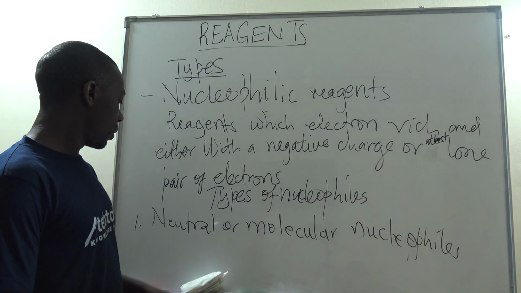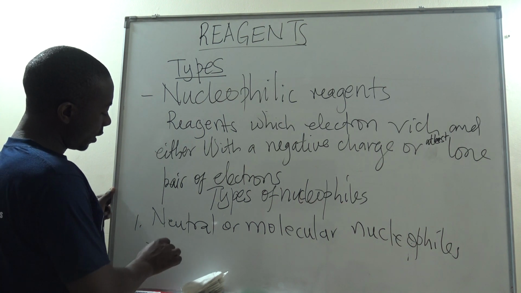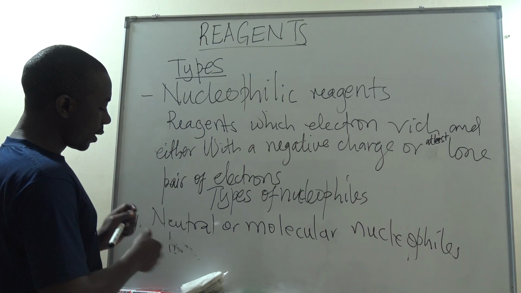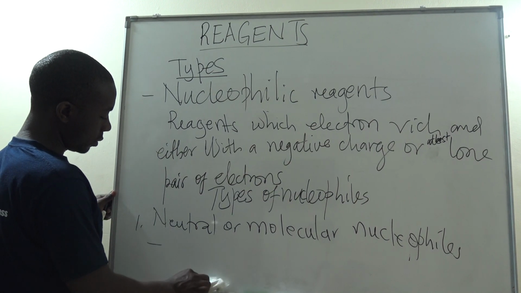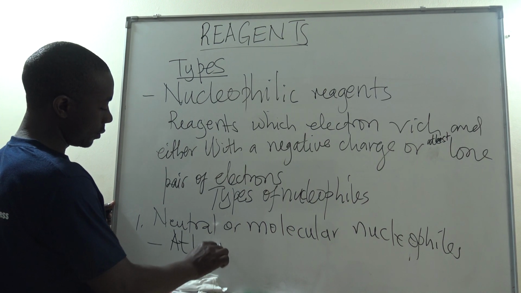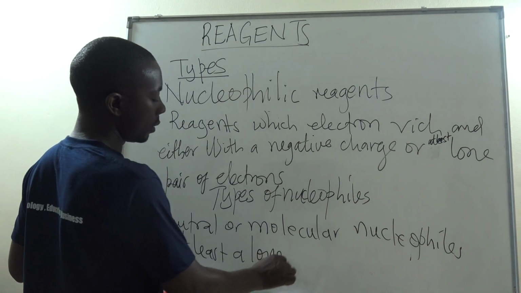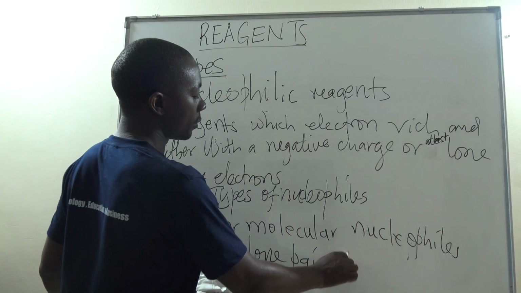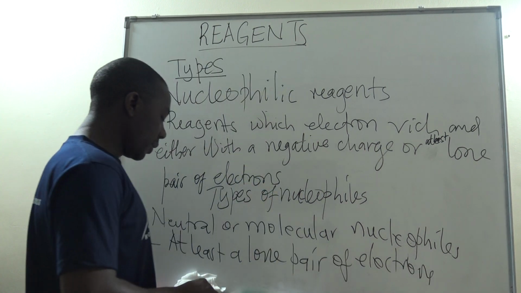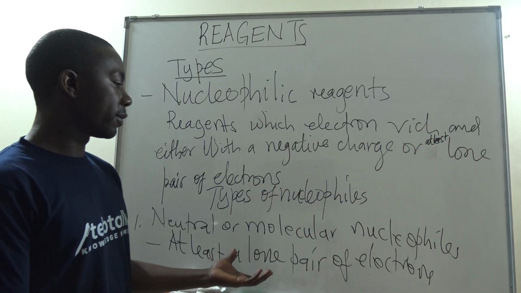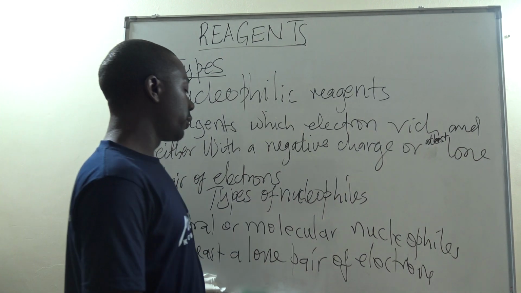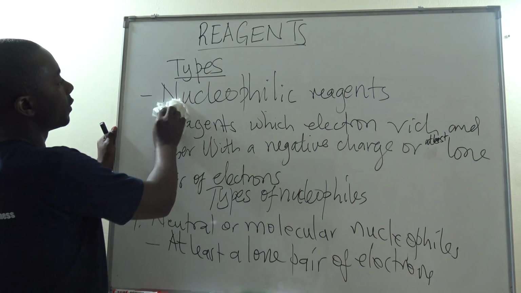These are nucleophiles with at least a lone pair of electrons, because we can have more than one, and in their chemical properties, they react by donating electrons to electron deficient species.